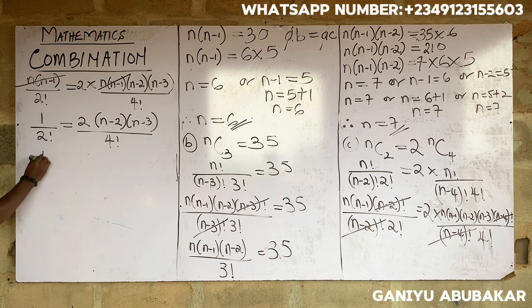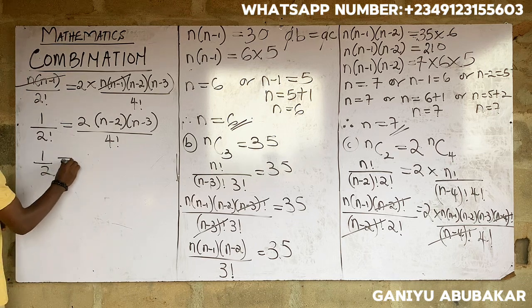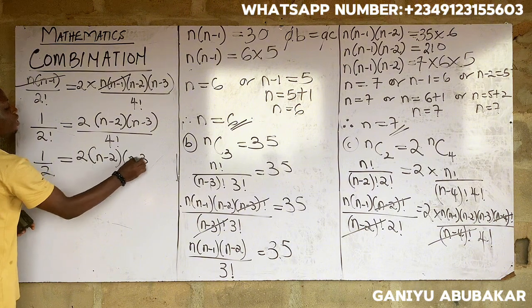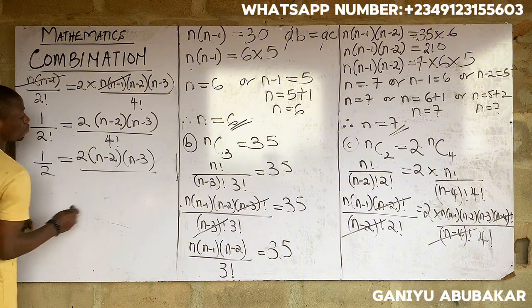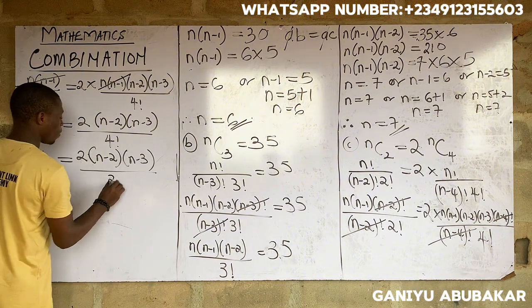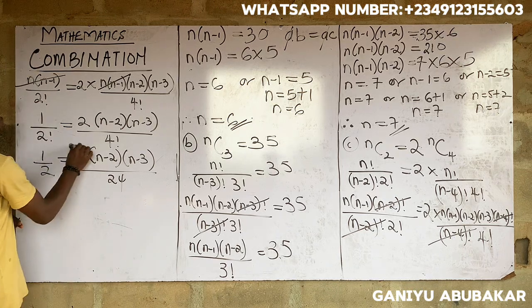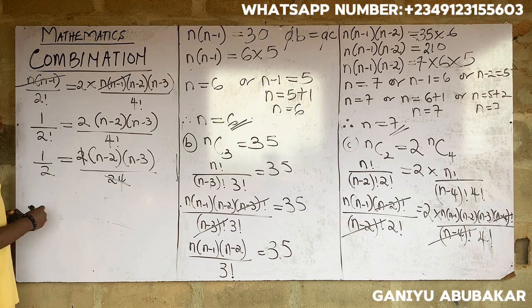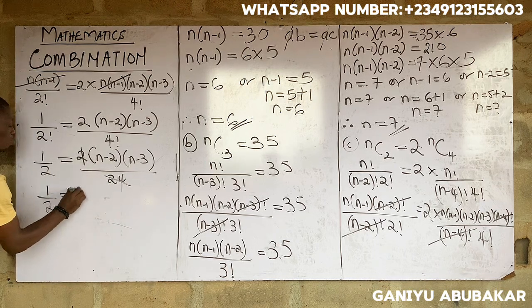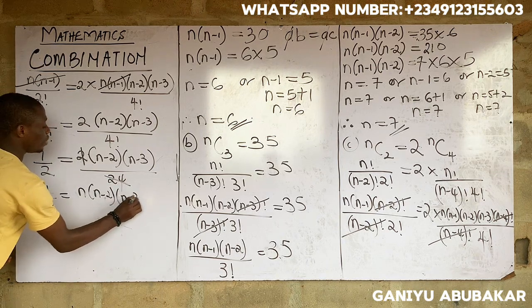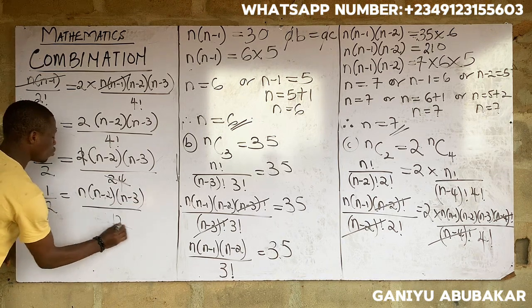So I'll have 1 over 2 equal to 2 into n minus 2, n minus 3 over 24. So 4 factorial is 24, right? So I have this. So they observe 2 here 1, 2 here is 12. So I have 1 over 2 equal to 2 into n minus 2, n minus 3 over 12.